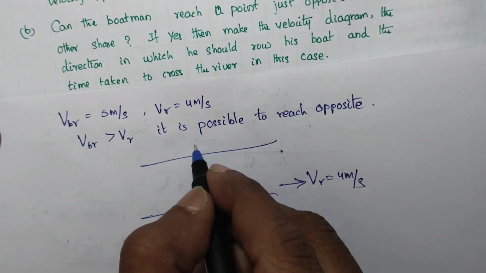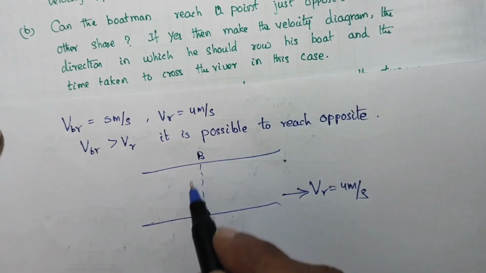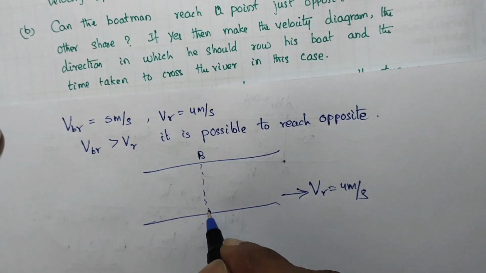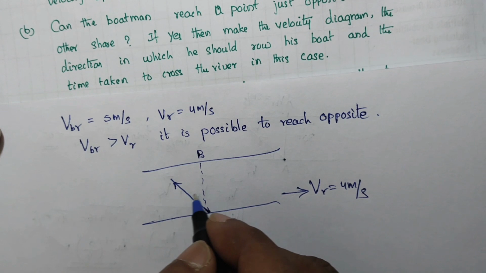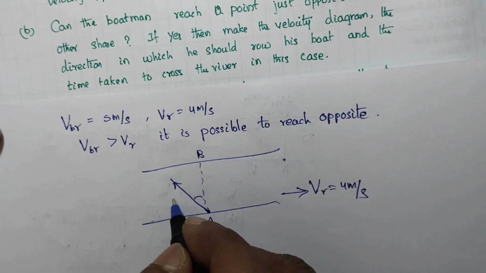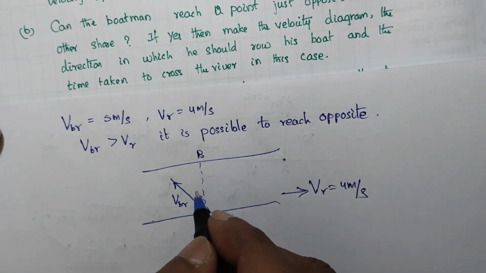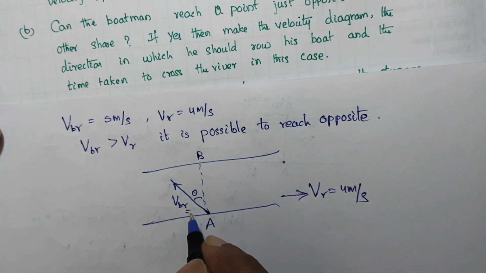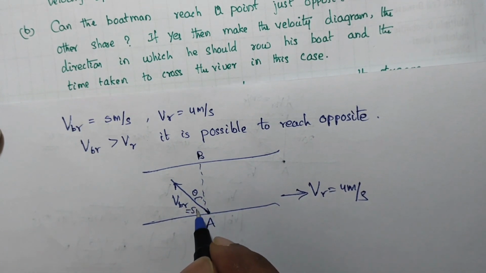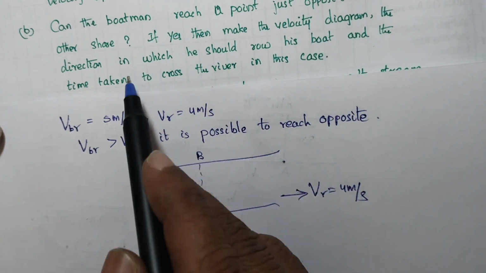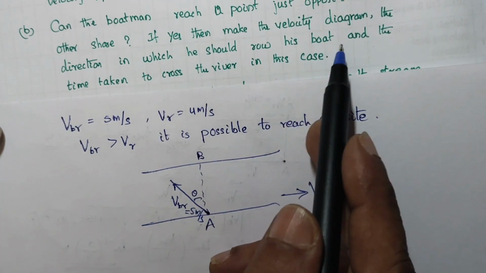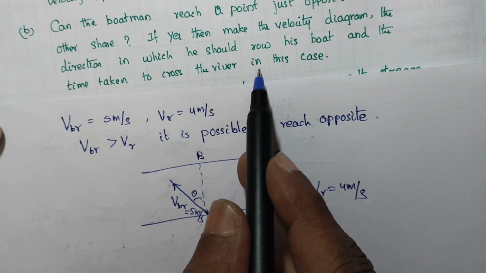This is the exact opposite point B. And to reach this exact opposite, the rowing velocity should be directed in this direction, VBR, making some angle theta, where VBR is equal to 5 meters per second. So here is the diagram in which he should row his boat, and the time taken to cross the river in this case.